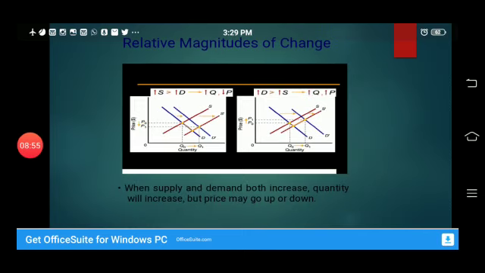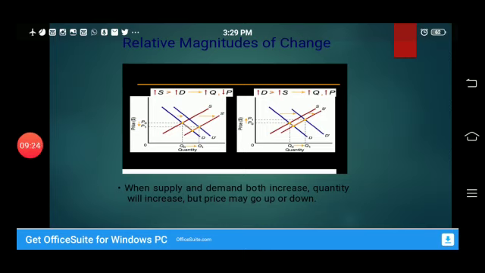Moving forward, we are going to discuss another complex case where supply increases more than demand increases, and demand increases more than supply increases. Now both are increasing, but the magnitude is different. In the first one, the supply is increasing greater, the supply distance is greater, whereas demand increases less, so demand is moving toward the right, but in a smaller magnitude.